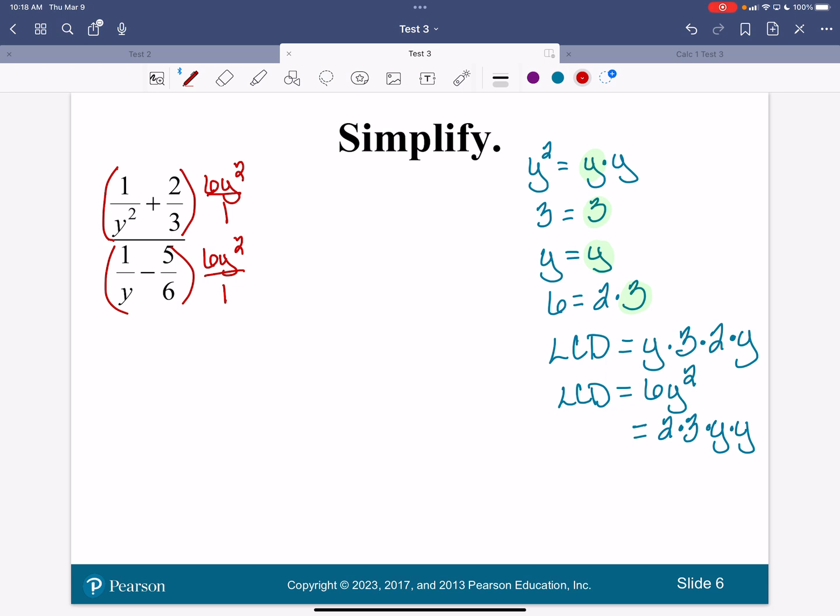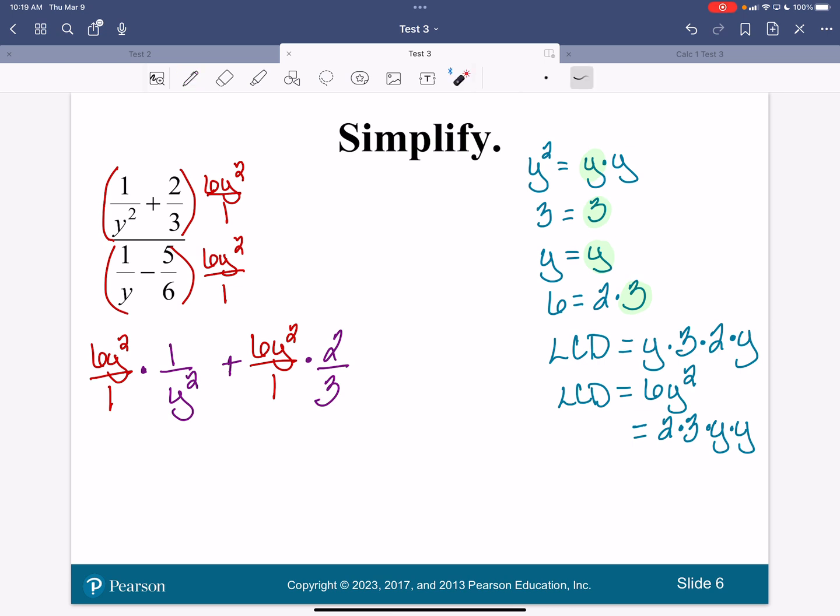So what I have is 6y squared over 1, and I'm going to multiply that times 1 over y squared. The y squared is part of my original problem, the 1 over y squared. The red is what I am multiplying everything by. So now I've got 6y squared over 1 times 2/3.